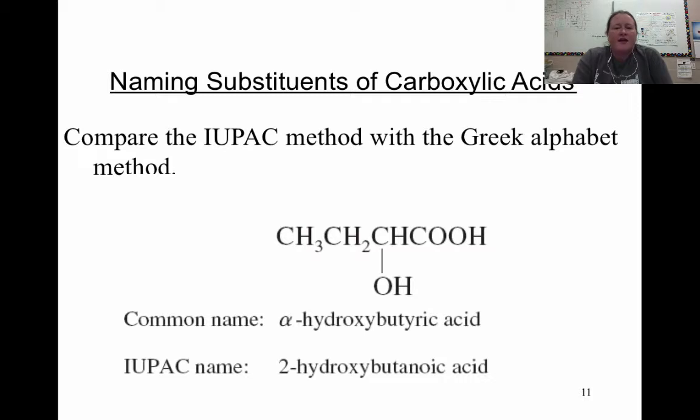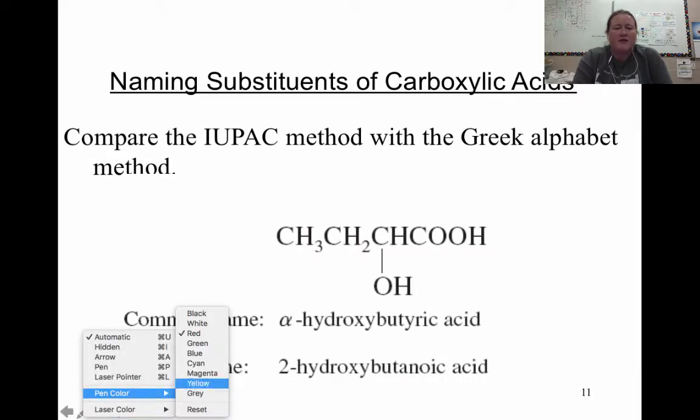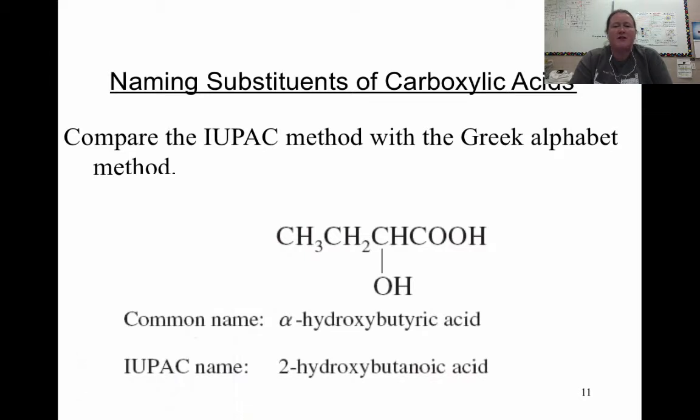So if we look at this image right here, you'll see that our longest hydrocarbon chain is right here. We have 1, 2, 3, 4 carbons, and we have this COOH, which identifies it as a carboxylic acid. And then we have a hydroxy group attached to the number 2 carbon.